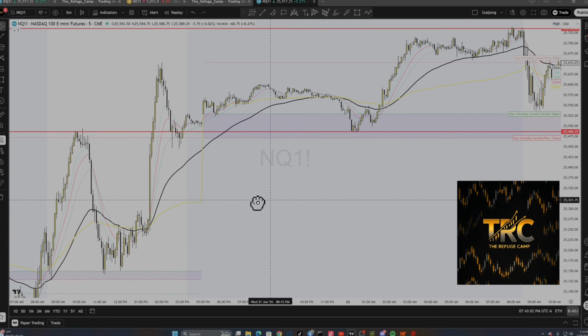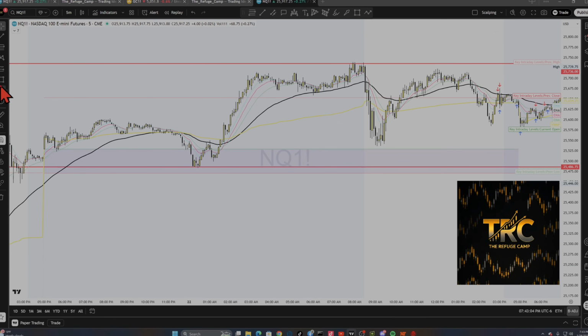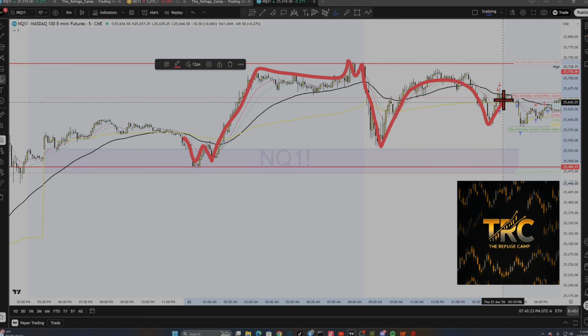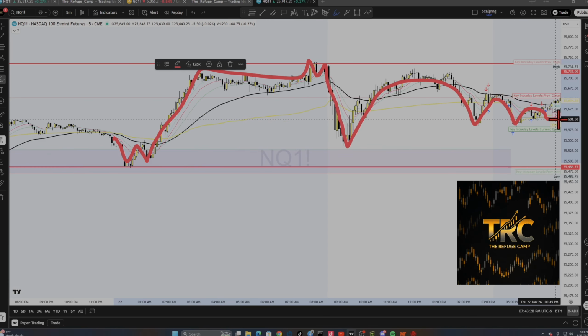Just based on this particular action right here. You get a double. Price goes up. Trade sideways. Leaves a double top. Price comes down, right? And then price continues to trade, compress, fade out, fizzle out.